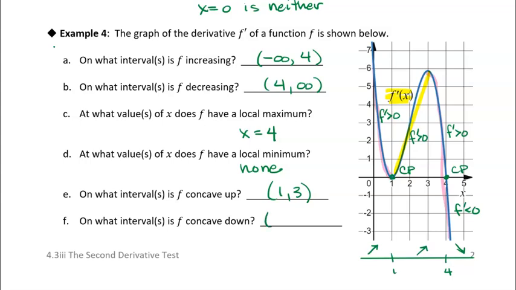So we have two intervals: minus infinity to 1, and let's put a union sign in here, and then from 3 to infinity. So we have two intervals where the slope of the derivative is negative, so the second derivative is negative, which means the original function f is concave down.